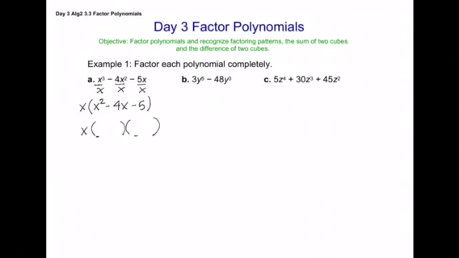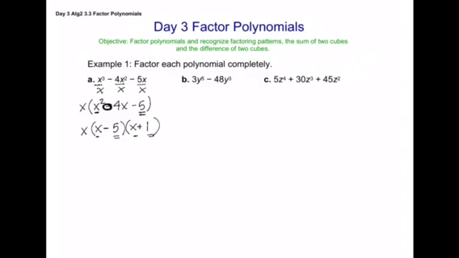Our first two terms multiply to get x squared, so we have an x and an x. Our last two terms need to multiply to get a negative 5. So we have a 5 and a 1. We notice that this sign needs to be a negative. So I want to make my bigger term negative, my littler term positive.